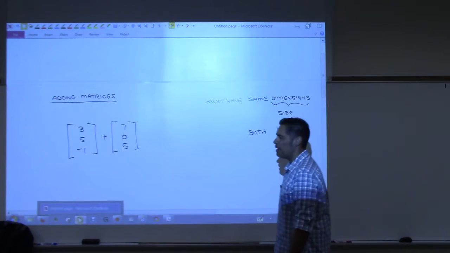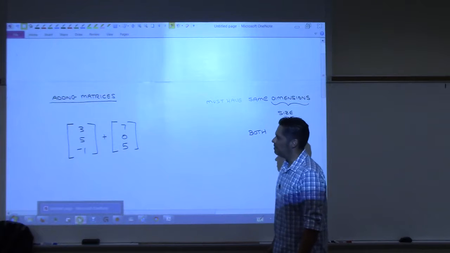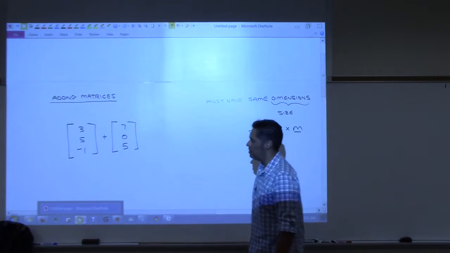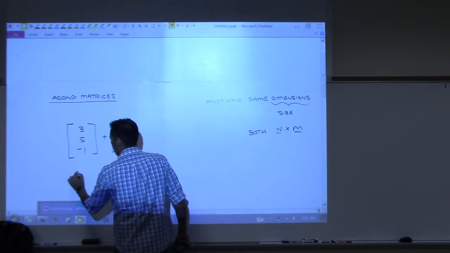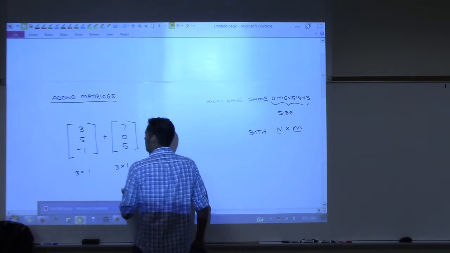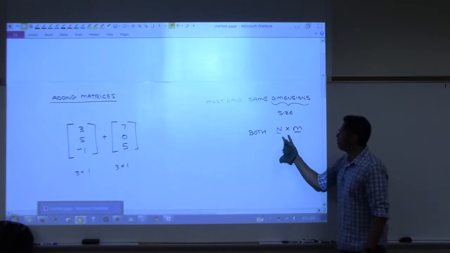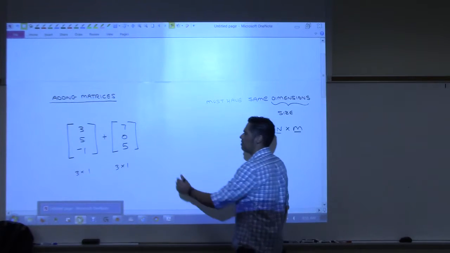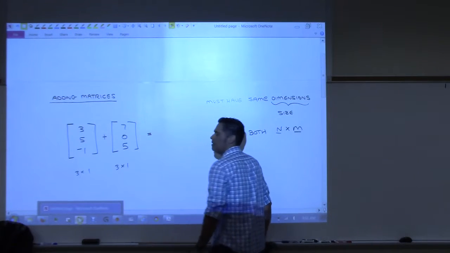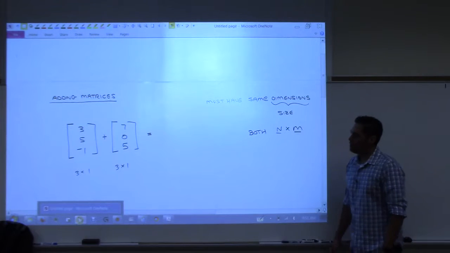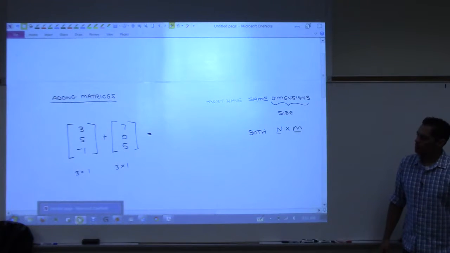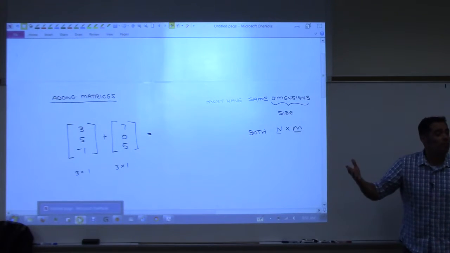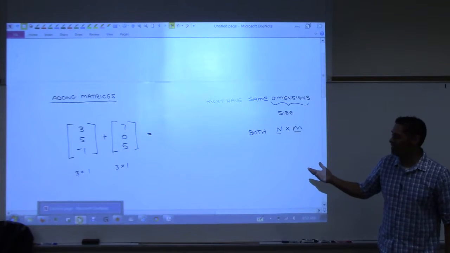What are the dimensions of those matrices? They're both 3 by 1, right? So I should be able to add them together. As long as they're both the same dimension, we're good. What makes the most sense? That this should equal what? What makes the most sense to you? And I'll tell you whether or not you're right or wrong.